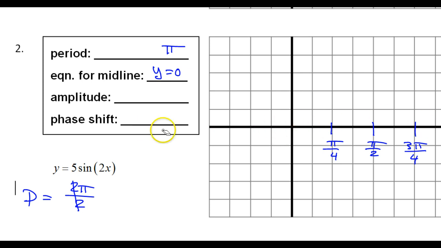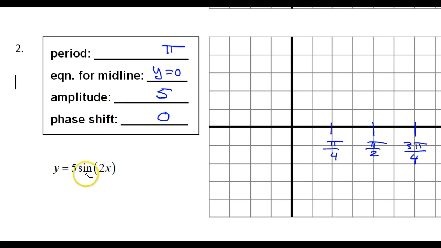So no need to draw it, it's already there. The amplitude is going to be 5 because you see the 5 is right there. Again, I might as well mention right now, there is no phase shift. There's nothing being added on inside of the parentheses or anything, so there is no phase shift.